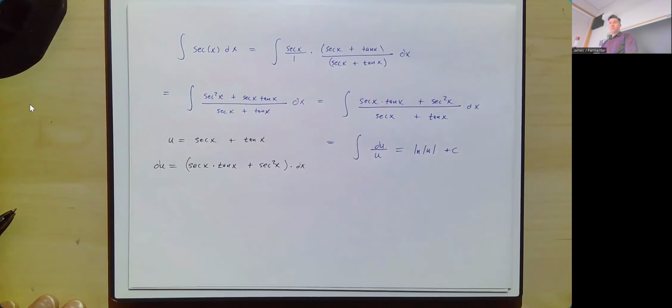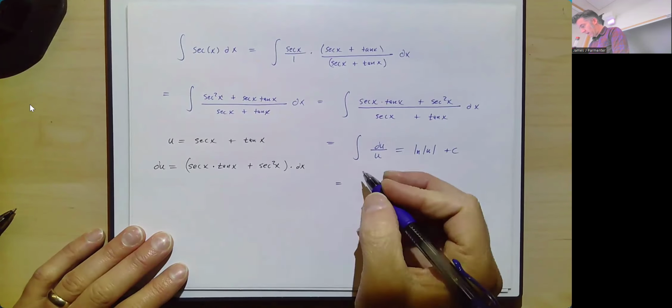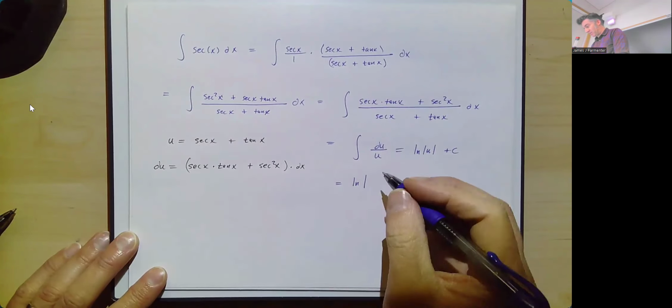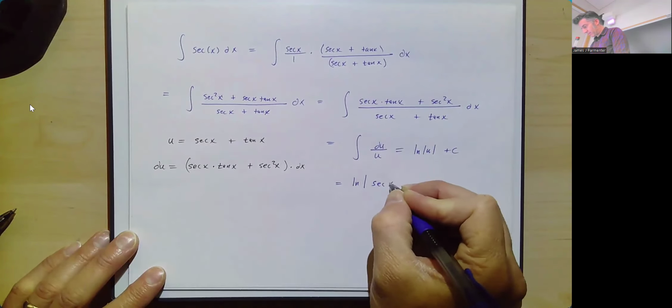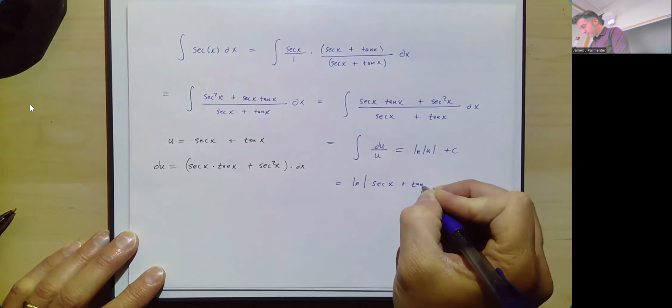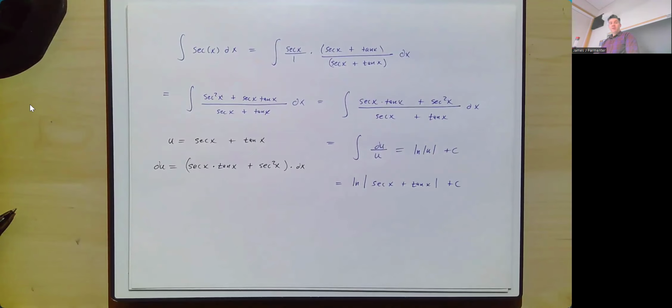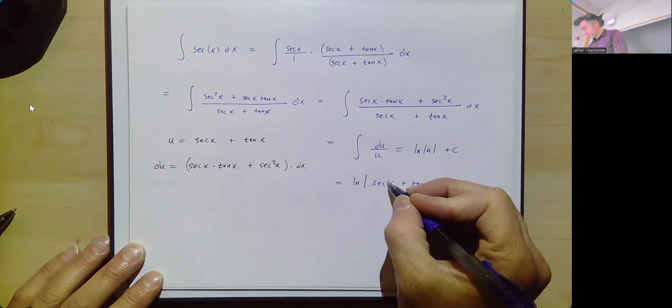And then we can rewrite that as the natural log of what our u was, which was secant of x plus tangent of x plus c. So the antiderivative of secant of x is the natural log of secant of x plus tangent of x.